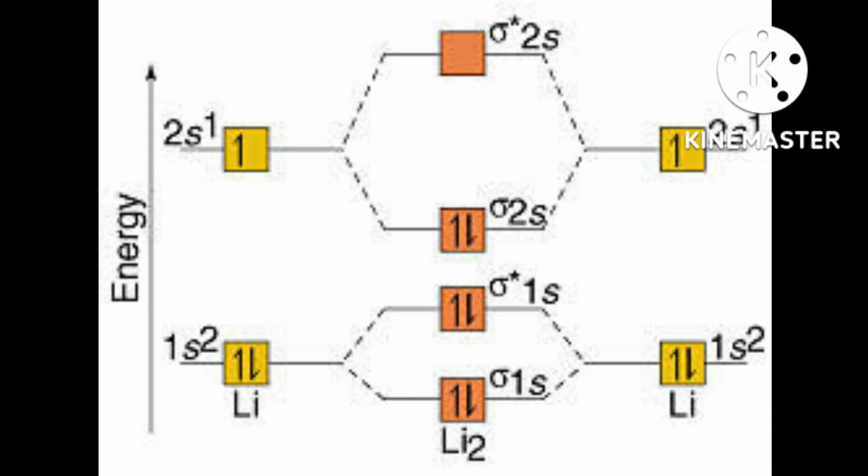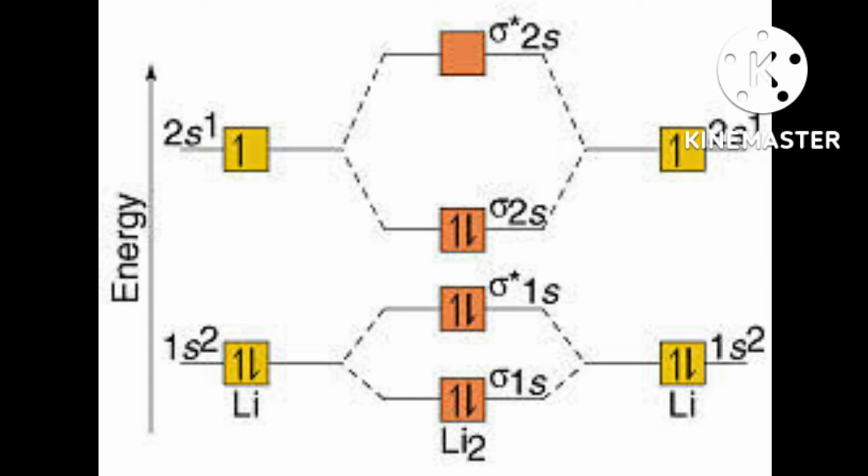Just before px, py, pz you have to write pi, and in the same way for anti-bonding you have to write pi star. All things are the same as ordinary orbitals. Only here before the orbitals, for the s you write sigma, and for the p you write pi. That is the difference.